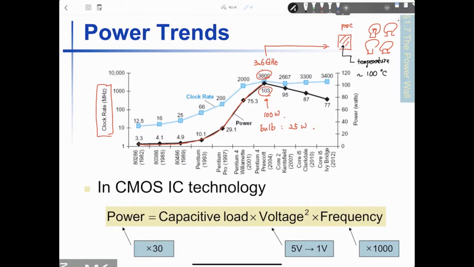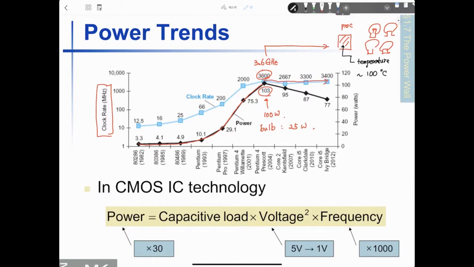The heat is too much. If the processor reaches 100 Celsius, then it is not working properly. So later, instead of increasing, the clock frequency actually dropped a little bit, and it keeps going.